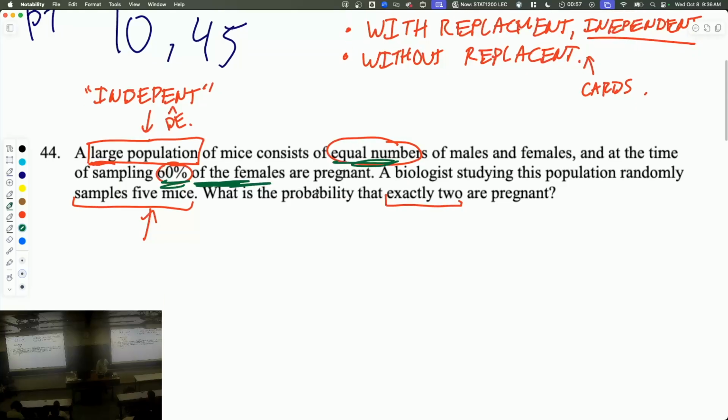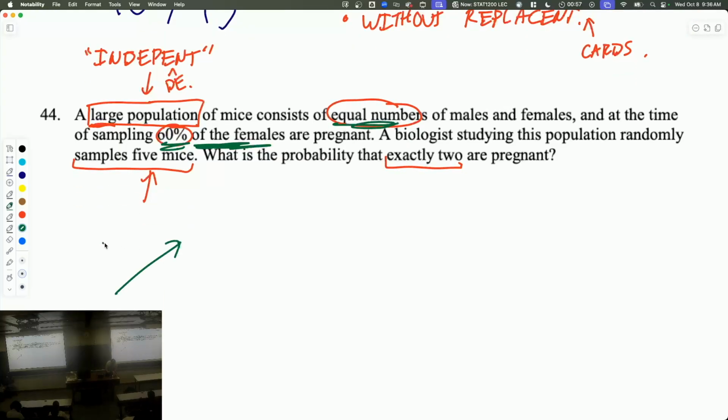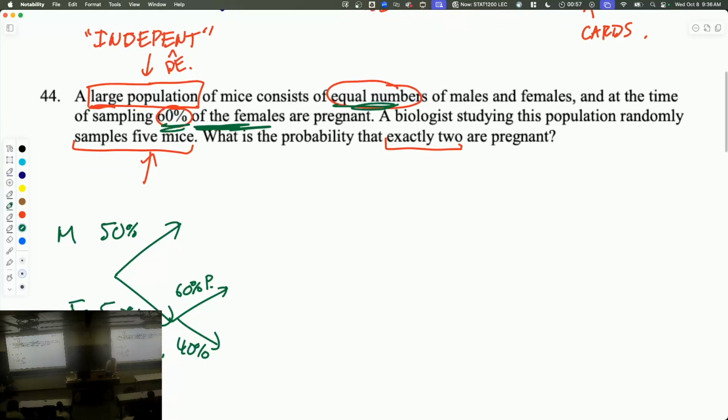So these two parts are saying equal numbers of males and females, 50% male, 50% female, and then of the females, 60% are pregnant and 40% are not pregnant. I'm doing little shortcuts here for myself: M equals male, F equals female, P equals pregnant, NP equals not pregnant. So that's the little probability tree that goes with the first bit.